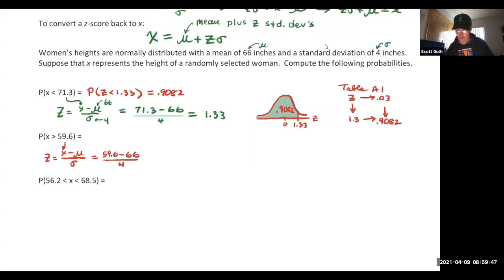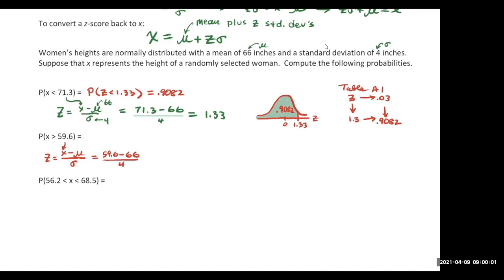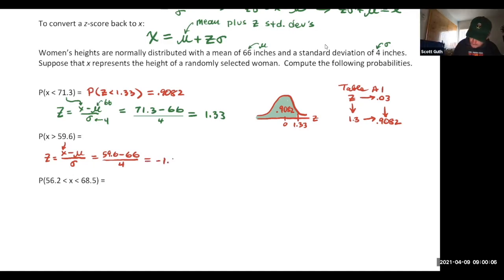Okay, and then I'll wait till somebody shouts that out. I'm typing it in myself as I speak. Negative 1.6. Exactly right. So I'm going to write negative 1.60. So we have that hundredths place on the table.